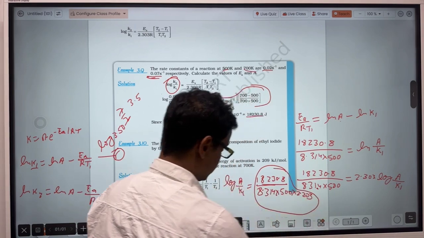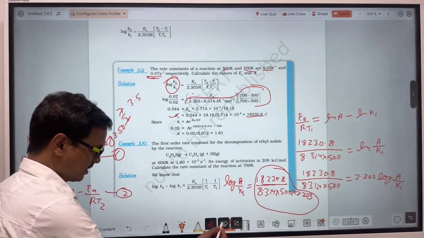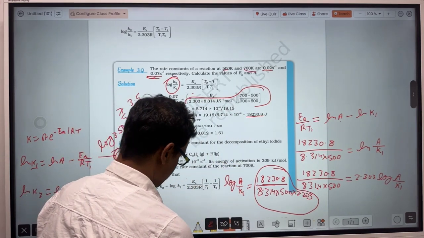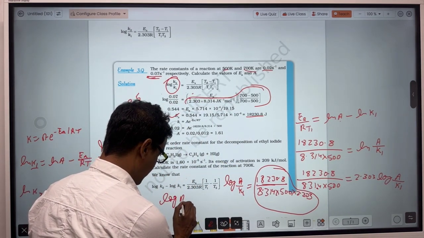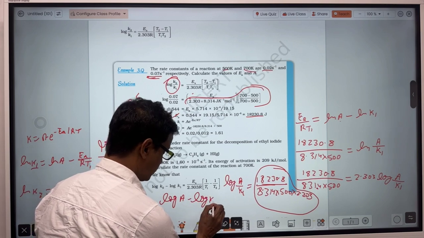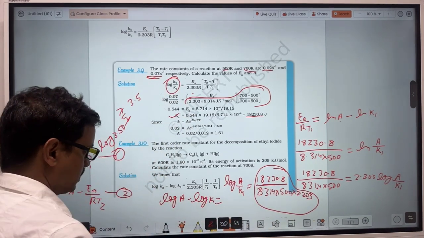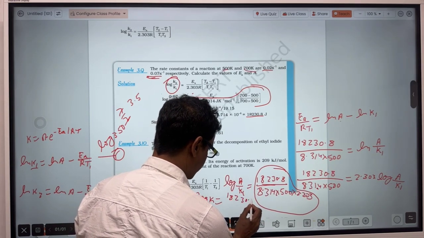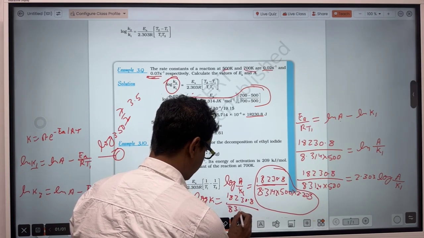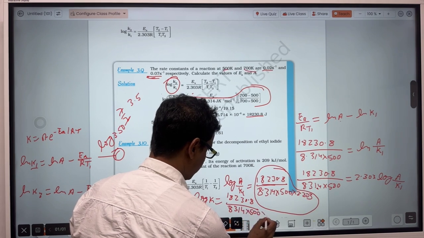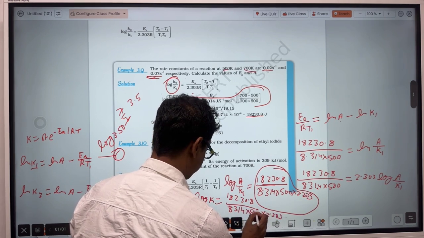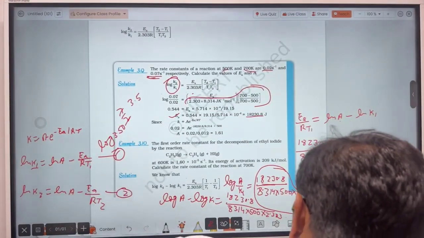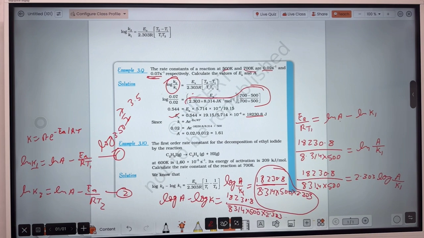Calculate this whole one, and then after that find out K also. So that will be log A minus log K, equal to 18230.8 upon 8.314 into 500 into 2.303. Okay guys, firstly watch out how I did this.